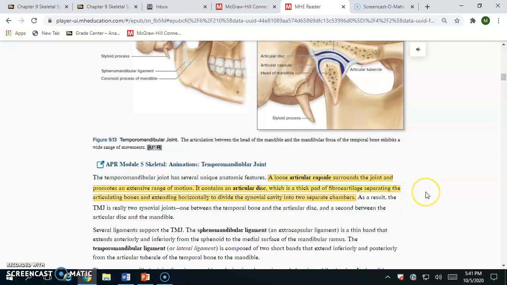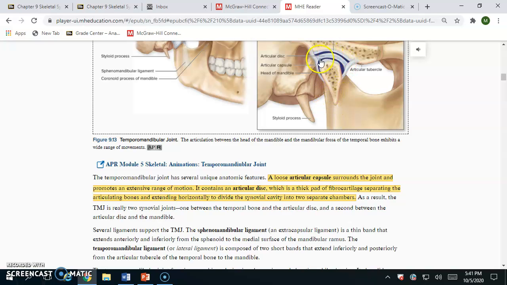The things that allow it to be freely movable are, first, a real loose articular capsule. Remember, the articular capsule is the structure that all synovial joints have, made up of the fibrous component and the synovial membrane. That's more loose, and so it allows more of those movements. It also has a fibrocartilage pad, which they call an articular disc.